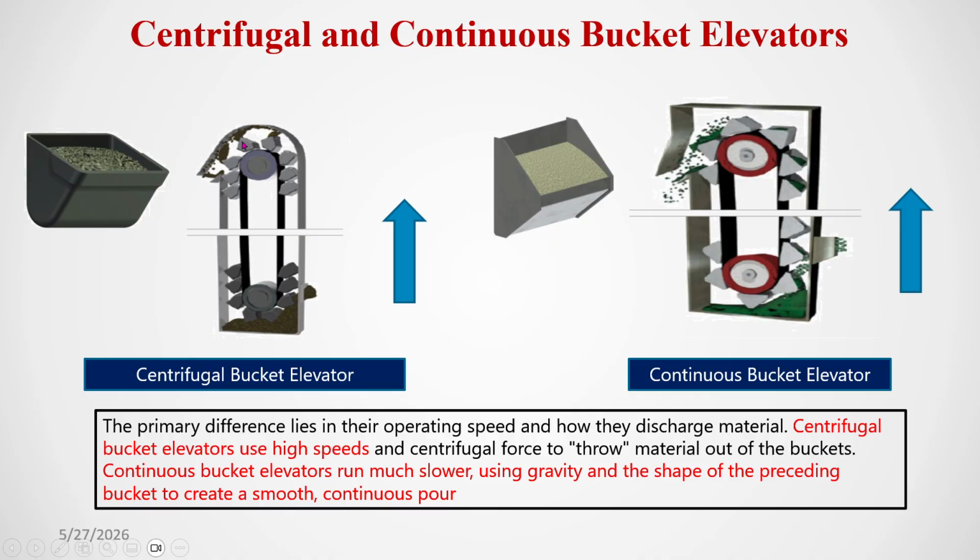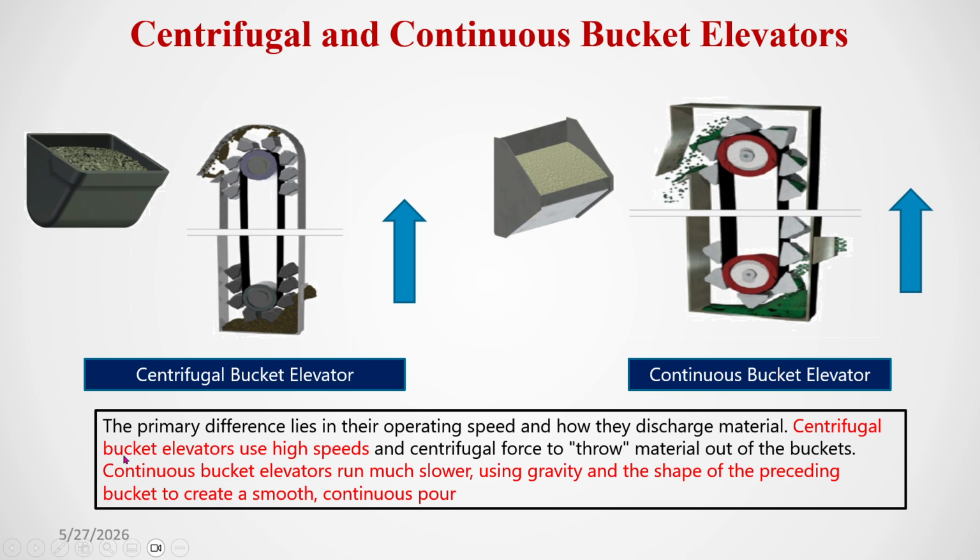Due to the high speed, the centrifugal force discharges the material and it falls down. If the speed is low, the material can fall in the center also. So due to high centrifugal force, it will be discharged outside, and for this the RPM should be higher.